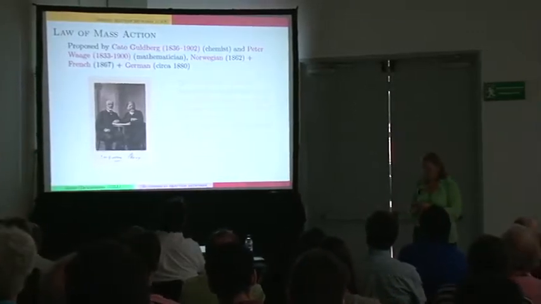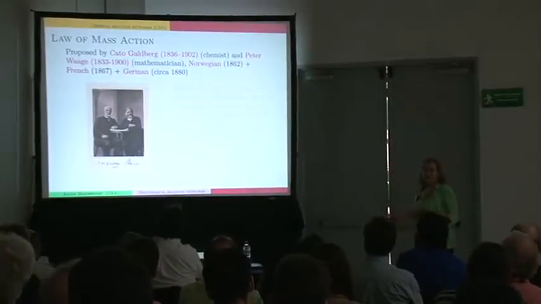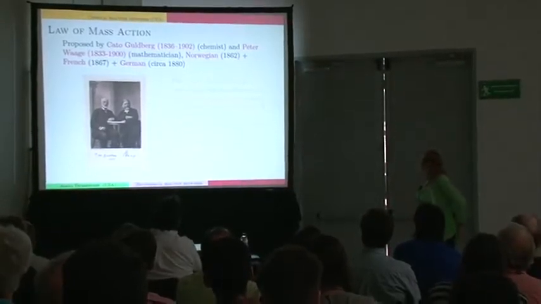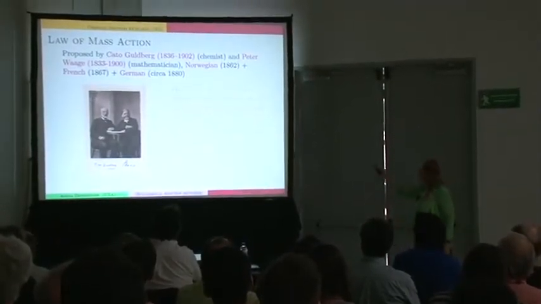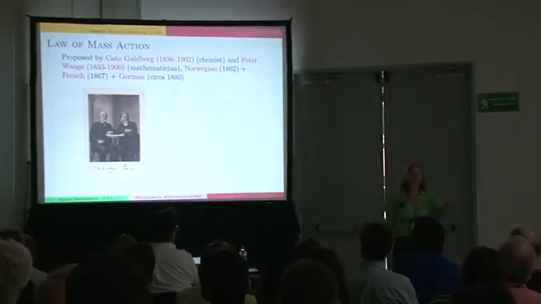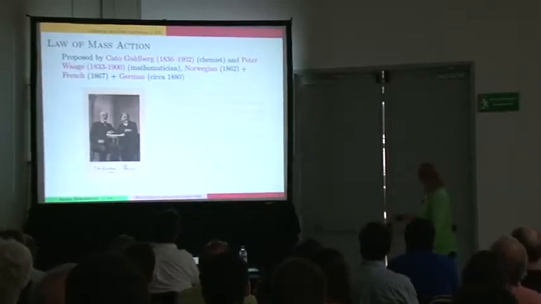They first published this in Norwegian, but then nobody knew that they had this idea, and then they republished this in French, but it was only known when they published it in German, which was the lingua franca at that moment, and it had at the same time been rediscovered by a Dutch physicist, Van 't Hoff.